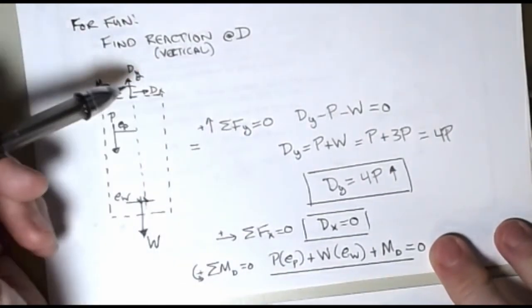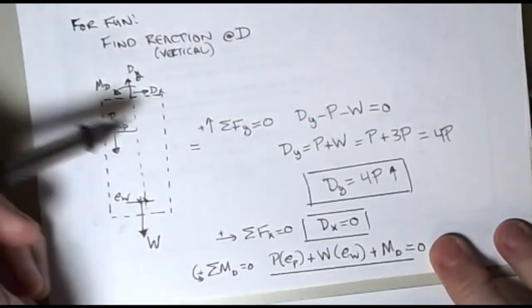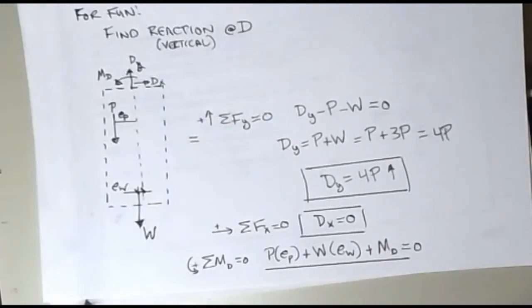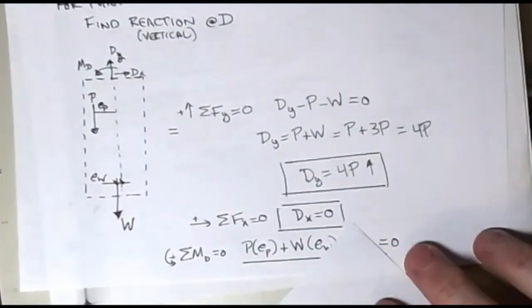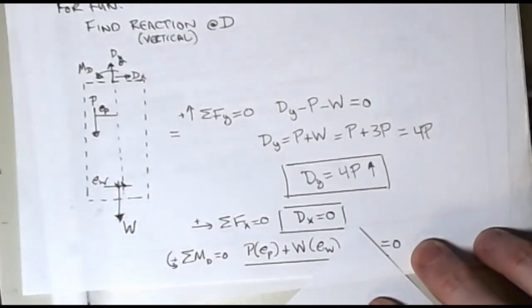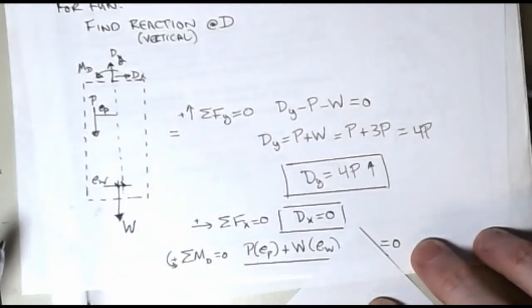Now, if this had been pinned at the top, meaning that there was no moment on this thing, MD was equal to 0, this term would go away. Okay, and so something interesting happens if I just cover up the M and we look at that equation that we have. P is a positive value, W is a positive value, E is clearly positive. The only way that I can make this expression equal to 0 is for E sub W to go negative.